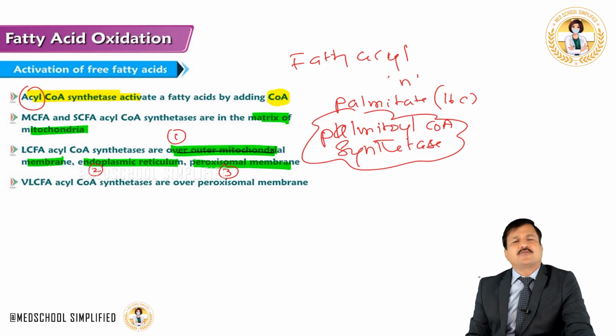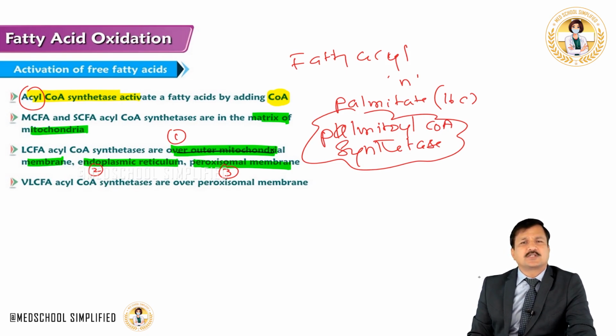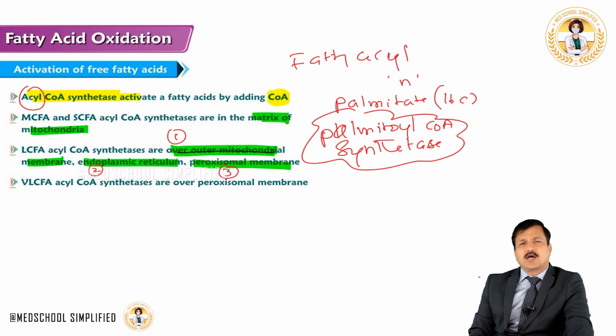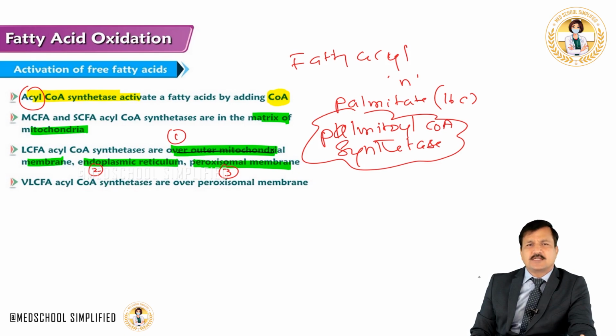What is the purpose of long chain acyl-CoA synthetases being present over the endoplasmic reticulum? Whenever there is accumulation of long chain fatty acids, maybe because of a saturated beta oxidation process, some of the long chain fatty acids are diverted into the endoplasmic reticulum for esterification.